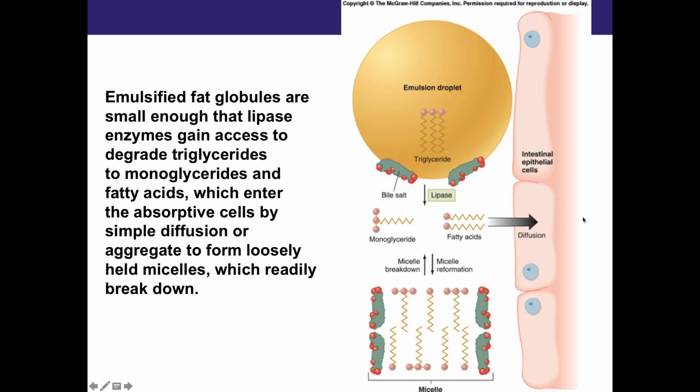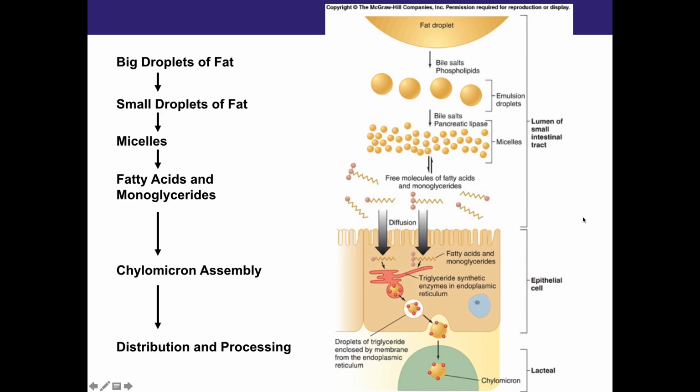What's interesting is that these are repackaged into chylomicrons, which are triglycerides with a protein attached to them, and then delivered into the lymph system, also called the lacteal system.